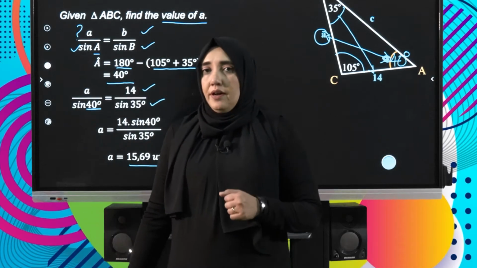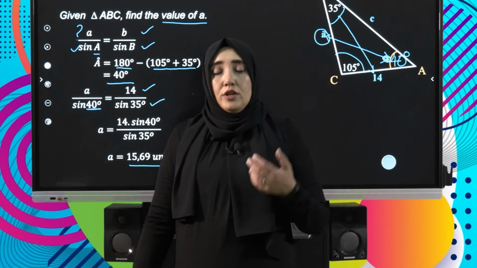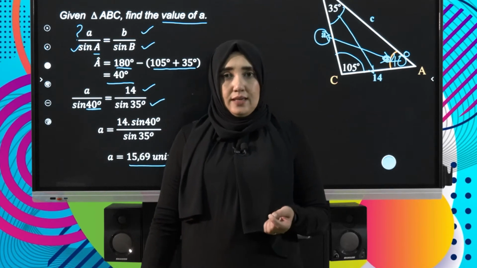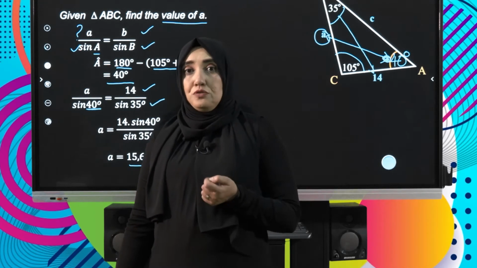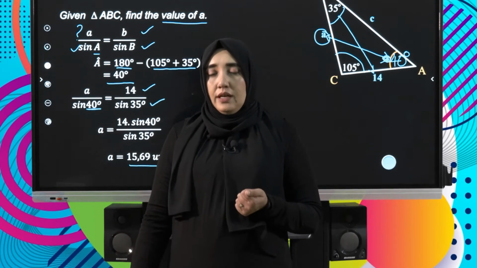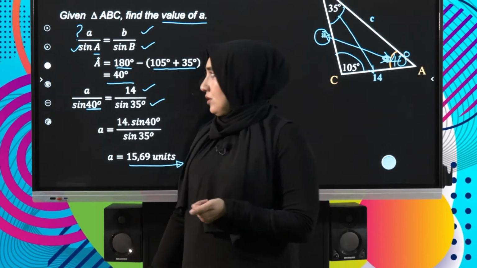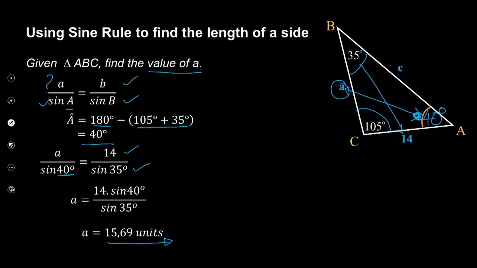Now remember, I reminded you earlier, it's quite useful to do a checksum to make sure that the answer you found makes sense in the context of the problem. In other words, does it fit the triangle? So let's go back to our triangle and see if our answer makes sense.